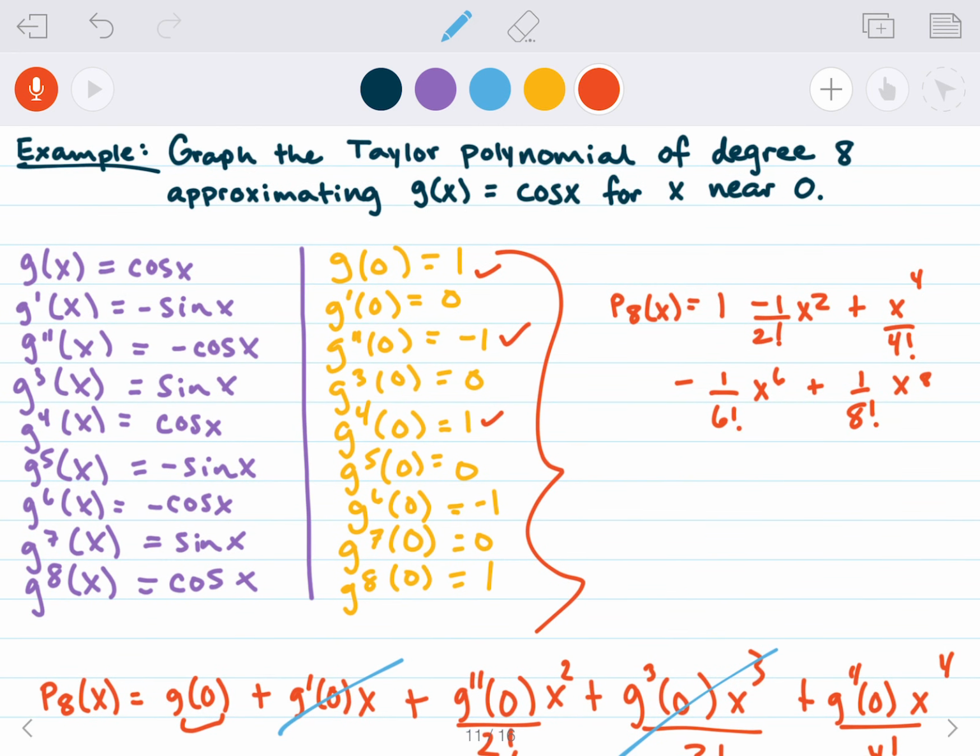Okay, so this is my degree 8 polynomial that approximates g of x equals cosine of x.